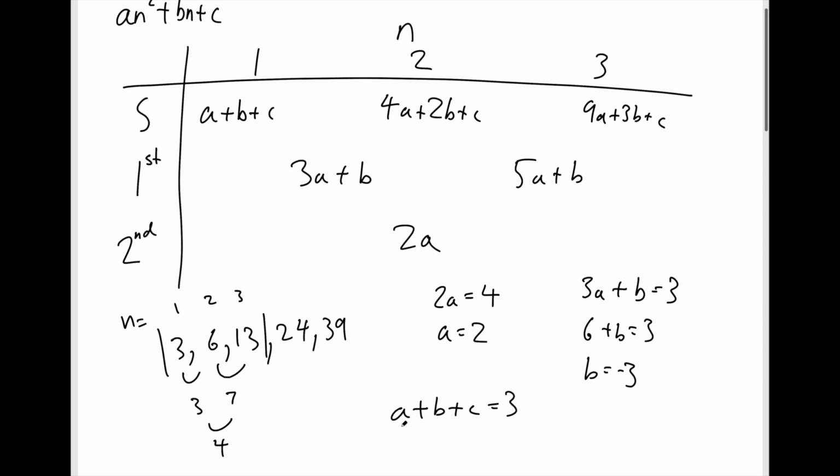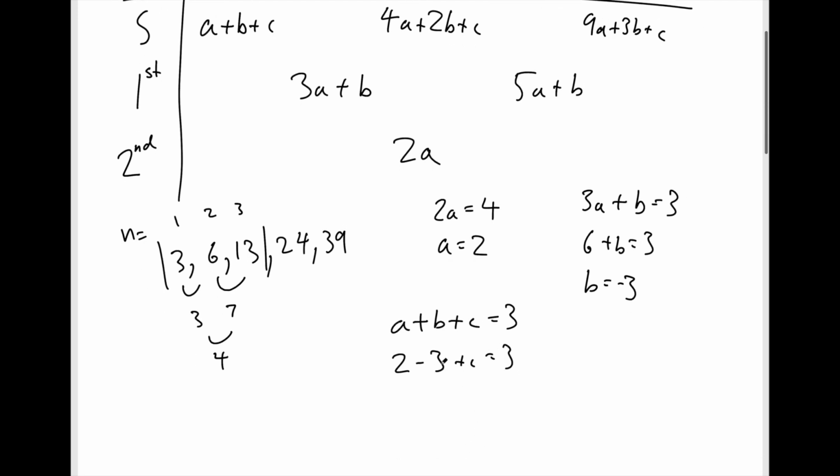And we know that a is 2. We know that b is minus 3. Plus c is 3, right? And so we can work out all 3 of these constants this way. So minus 1 plus c is 3, and therefore c is 4. So now we can conclude that the nth term is 2n squared minus 3n plus 4.